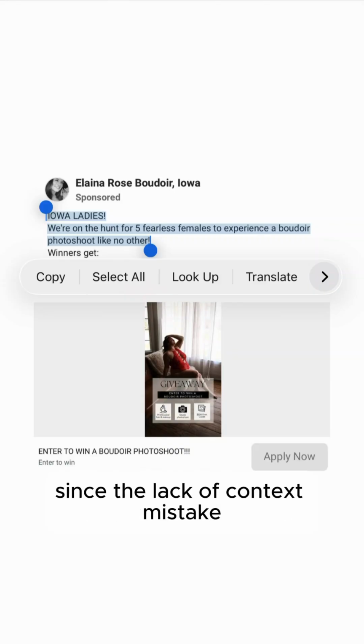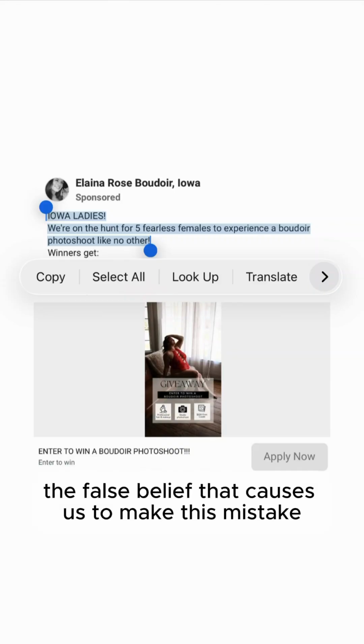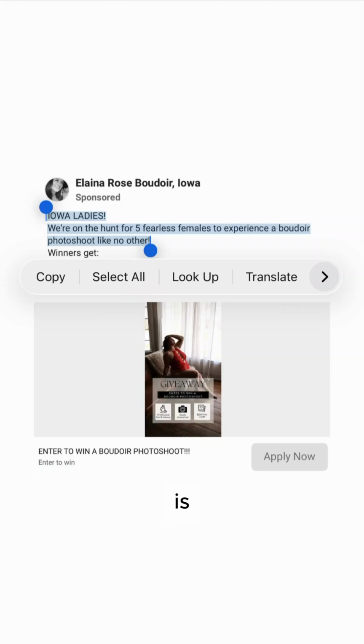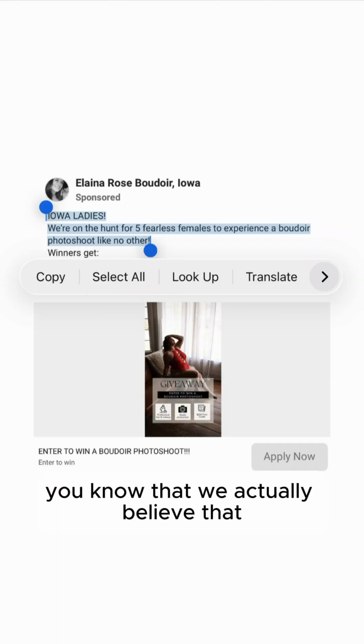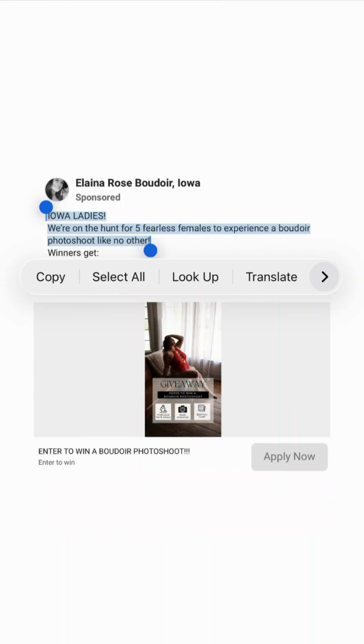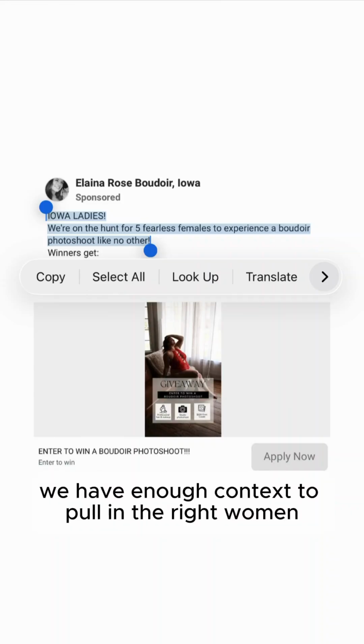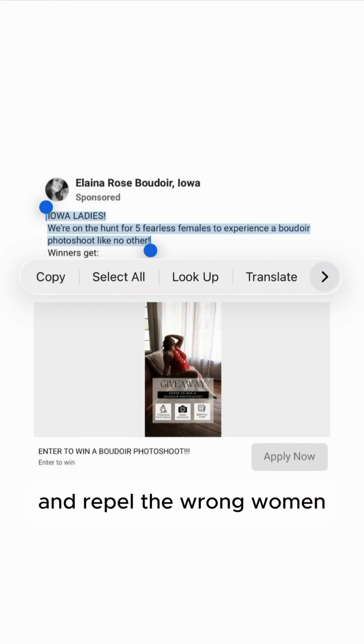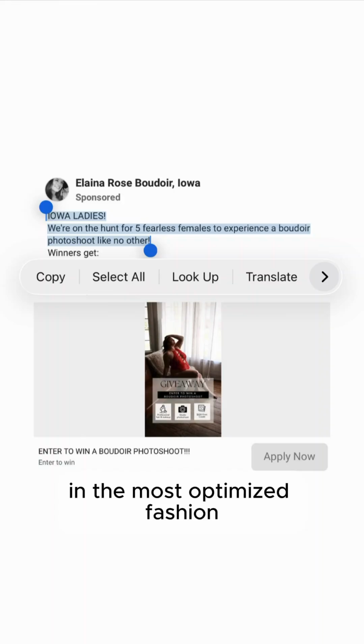So it's the lack of context mistake. The false belief that caused us to make this mistake is that we actually believe that we have enough context to pull in the right women and repel the wrong women in the most optimized fashion.